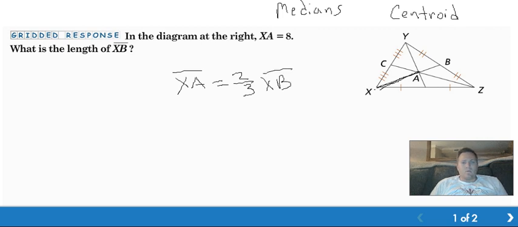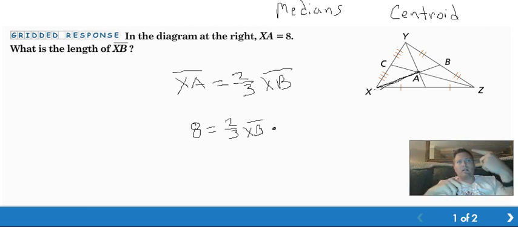Okay, so what did the problem tell us? It told us that XA equals 8. So where XA is, let's plug in 8 right here, equals 2/3 XB. Alright, so now we need to solve. When we're solving with fractions, in order to get this XB all by itself, we need to multiply by the reciprocal. Remember, the reciprocal is just taking the number and flipping it upside down.